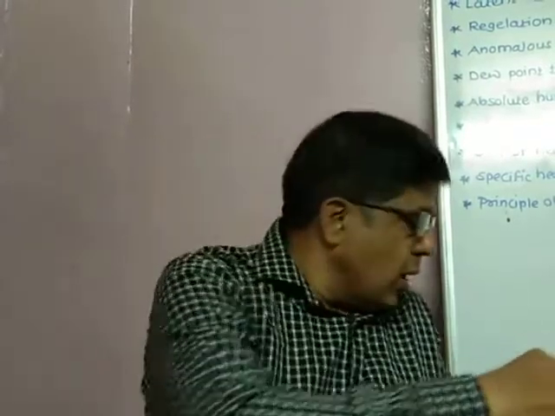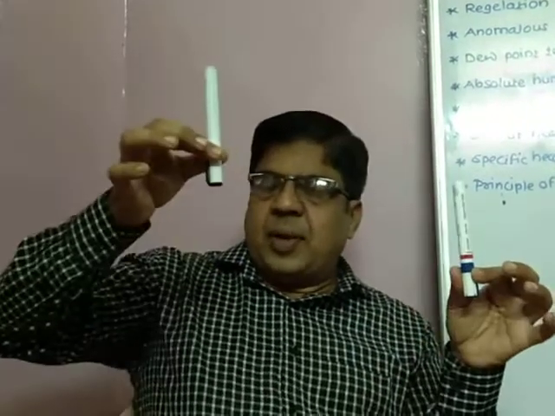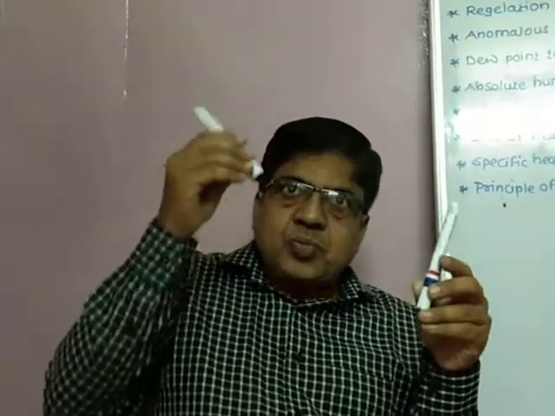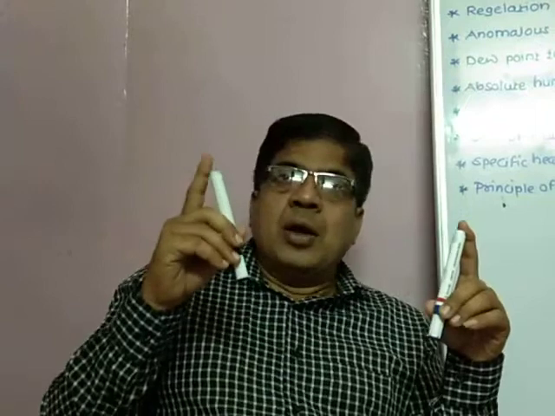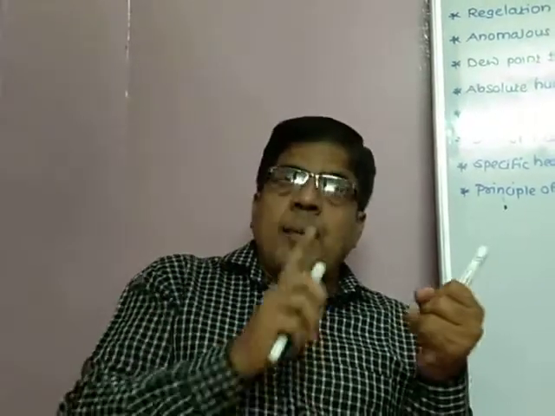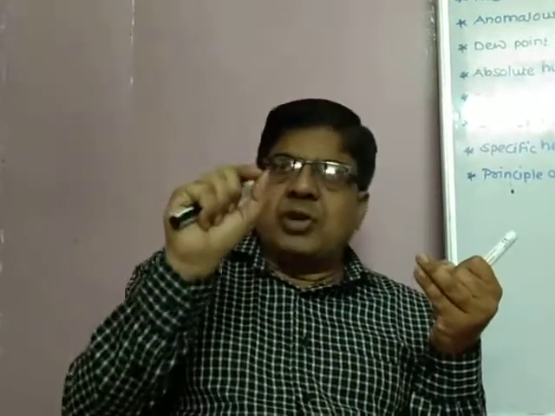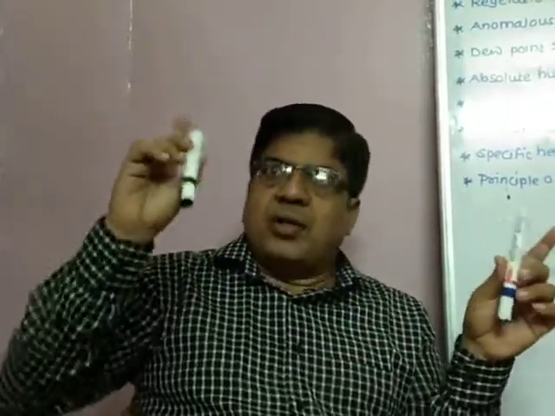Do you understand my point? Suppose this is one body, and this is another body. This temperature is different and that temperature is different. All particles of matter have potential energy and kinetic energy, and the total energy of all particles is called thermal energy.